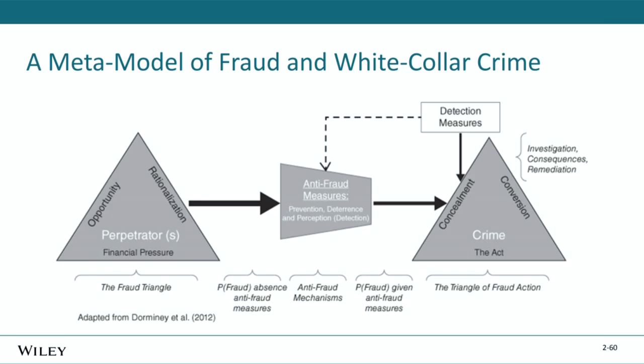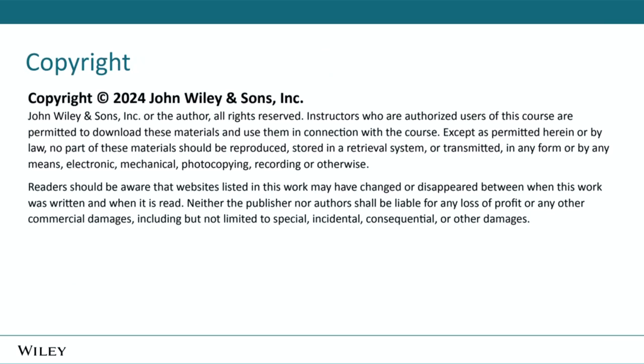Prevention, deterrence, and perception detection. That is the biggie. For the conversion, we have investigation, consequence, and remediation. But detection measures, in my mind, are key. All right, that's the meta model. And then we're at the end of the chapter, and there's your copyright.